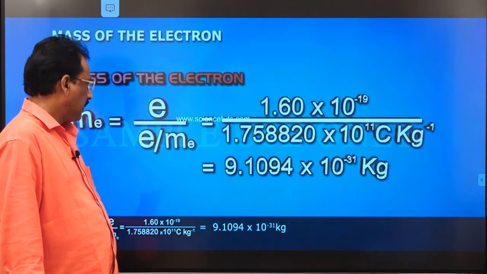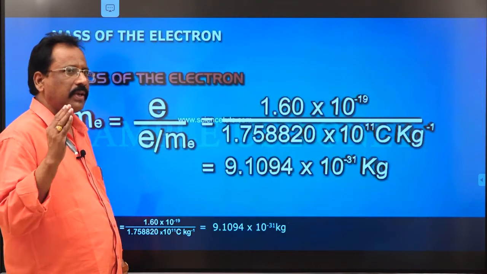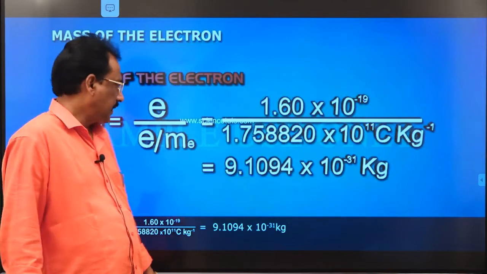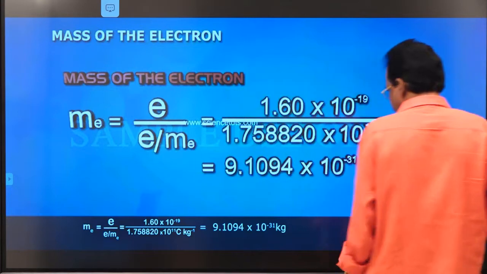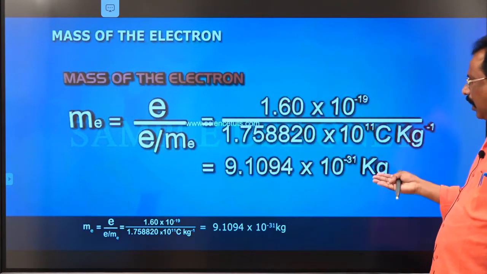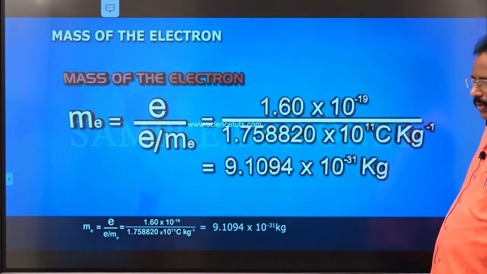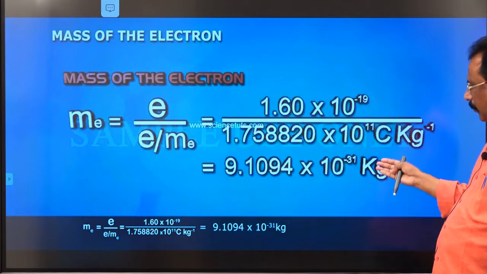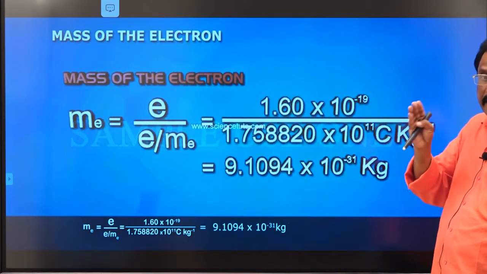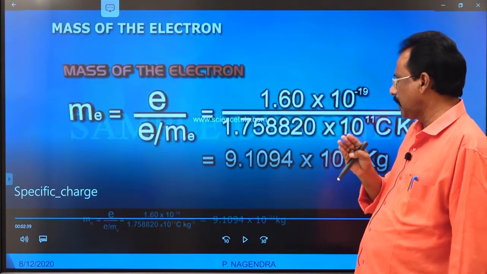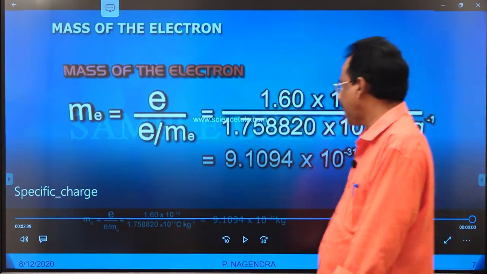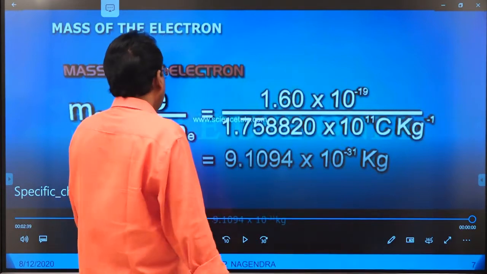According to him, electron mass is very negligible, which is equal to 9.11 into 10 power minus 31 kilograms, or 9.11 into 10 power minus 28 grams, and it is also equal to 0.0005486 AMU.